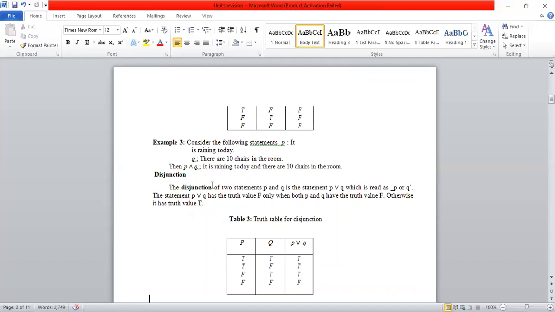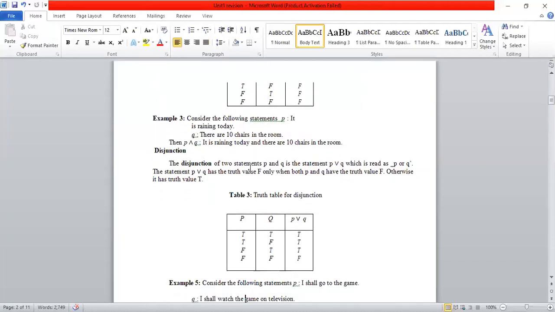This is about the connective conjunction. One point you should remember in this conjunction connective: whenever P and Q both have truth value true, then only P and Q will have truth value true. In other cases, it has truth value false.